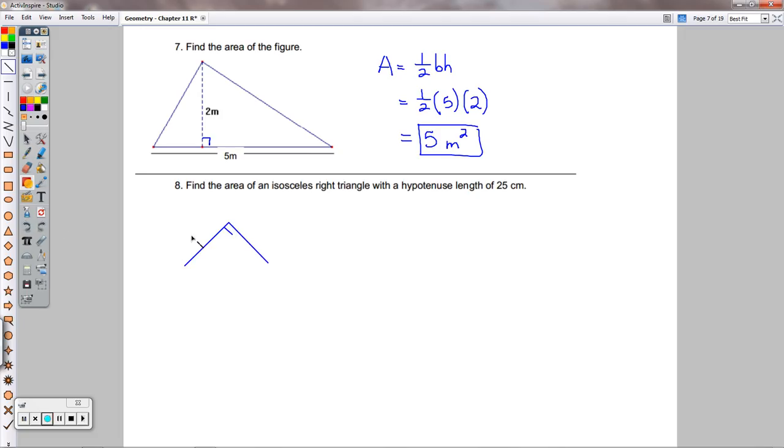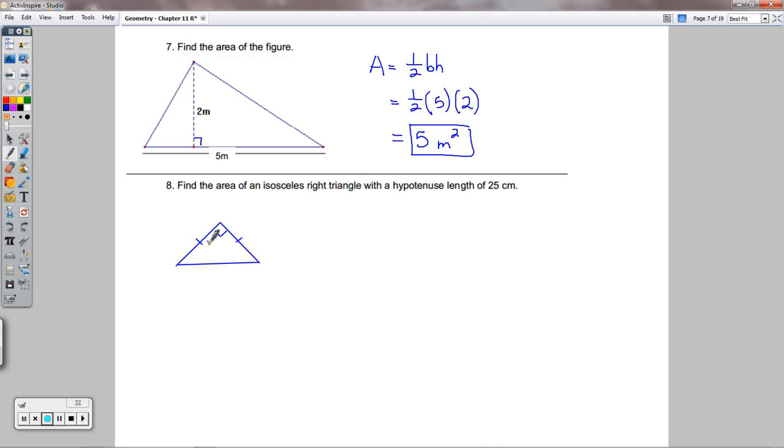I can draw that a little better in just a second. So this is my right angle, and this is isosceles, meaning that this one and this one have the same length, have the same measure. So I don't know what those two are. I'm going to just say they're x and x, and then this one is going to be 25 centimeters down here.